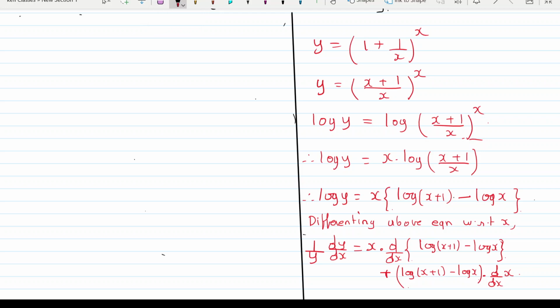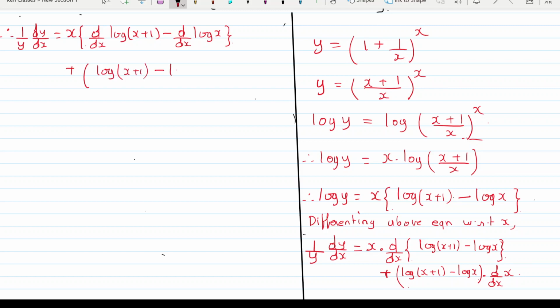So therefore 1 upon y dy by dx is equal to x into, now this is subtraction, so it's going to be d by dx of log of x plus 1 minus d by dx of log x, plus log of x plus 1 minus log x into 1. d by dx of x is 1.